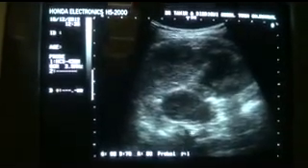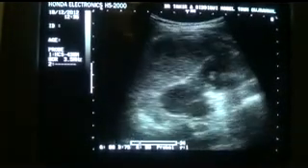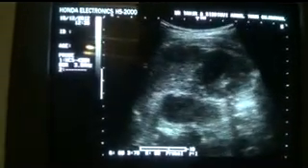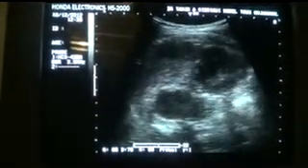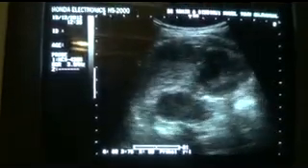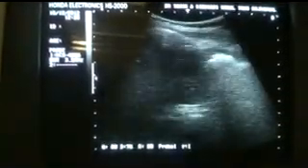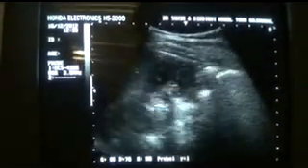You see, this is the iliopsoas muscle, it glides over it. It moves with the kidney and glides over the iliopsoas muscle. So this can also be a region of focal pyelonephritis.